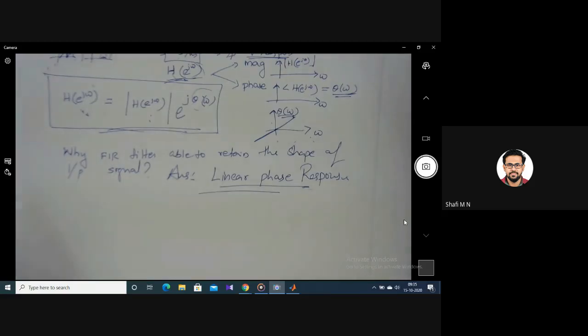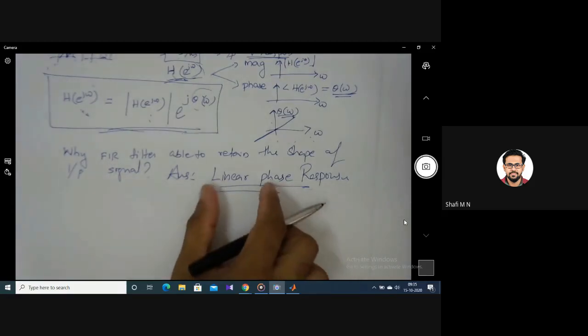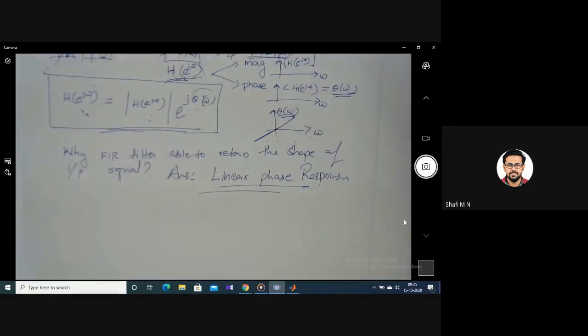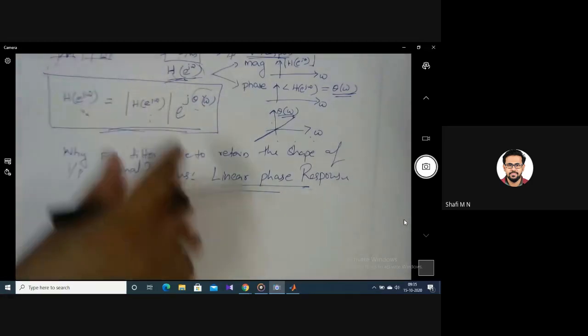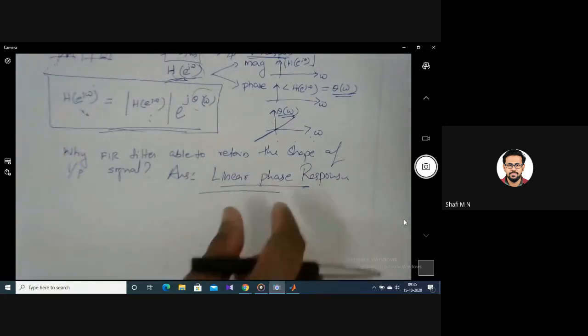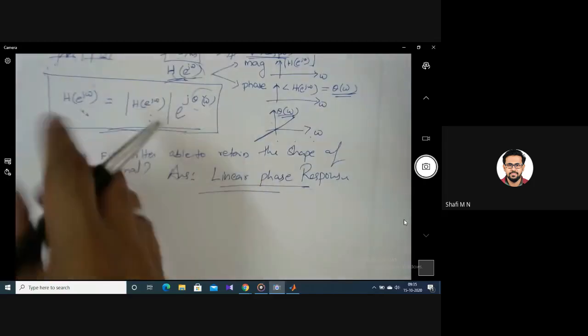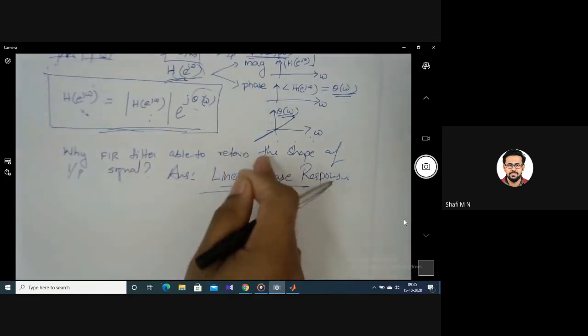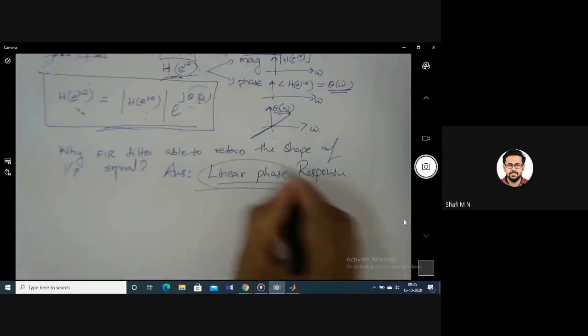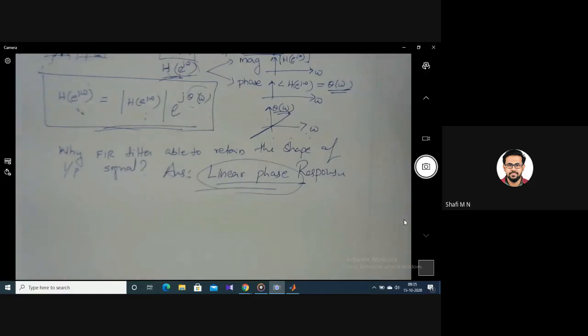Not all FIR filters have this capability. Only linear phase FIR filters have the capability to retain the shape. So we will see the importance of this linear phase. Can I proceed?